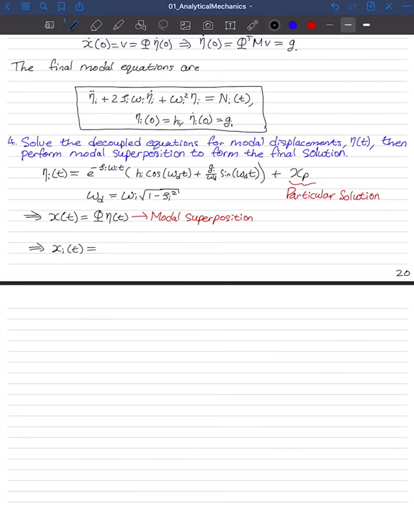And in terms of just the x i coordinate, we get phi i1, the ith component of the first mode, times eta 1 of t, plus all the way up to phi i i, the ith component of the ith mode, times eta i of t, plus up to phi i n times eta n of t.